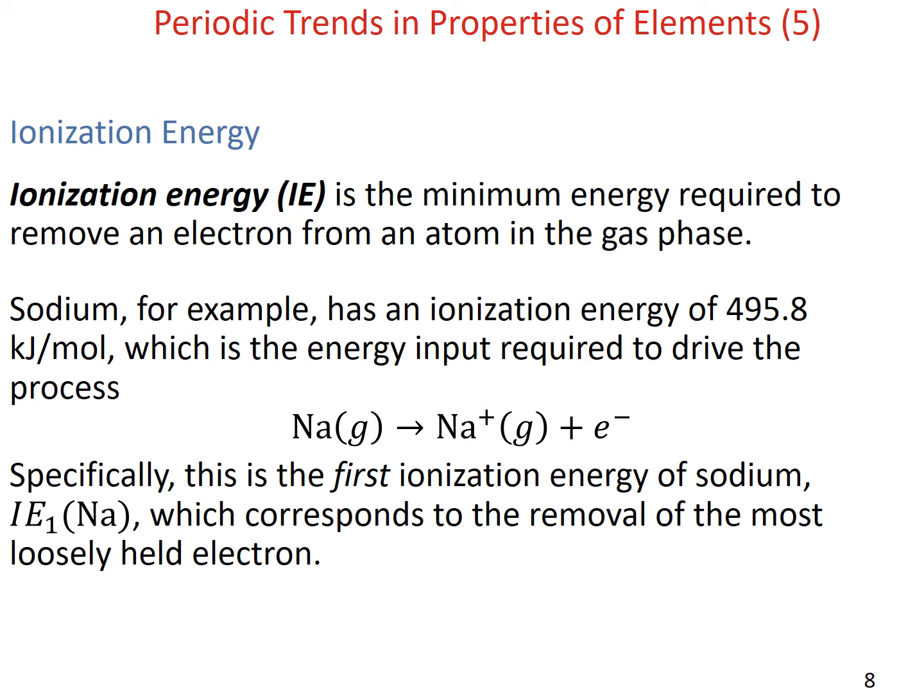That would be the second ionization energy, and so on and so forth. You can continually go out from there. The first ionization energy is starting with the sodium gas that's neutrally charged. The second ionization energy is sodium plus, which already has one electron stripped from it. So this is the definition of ionization energy.